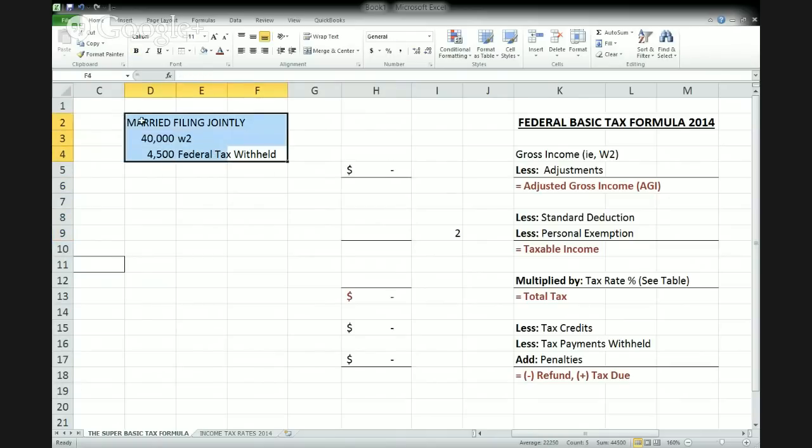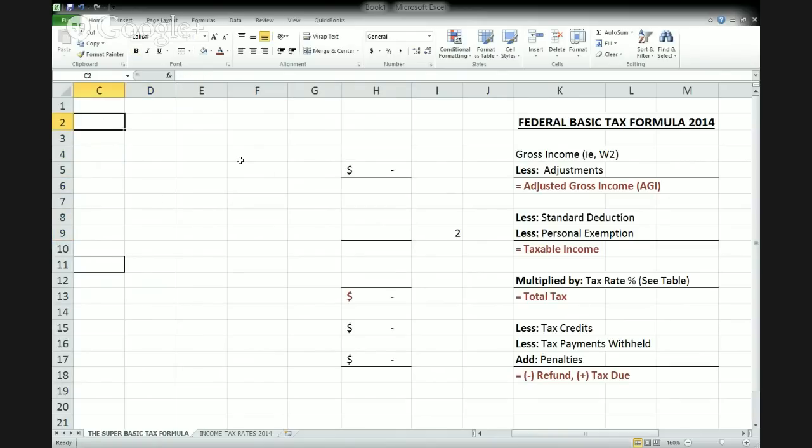And let's go ahead and put, instead of married filing jointly, a single mother. So it's a head of household. And this single mother has 2 children. I'm going to add another thing that I haven't added before. For every child that you have, and this has all the rules, this is just a very simplistic way of putting it, you will receive a $1,000 credit.